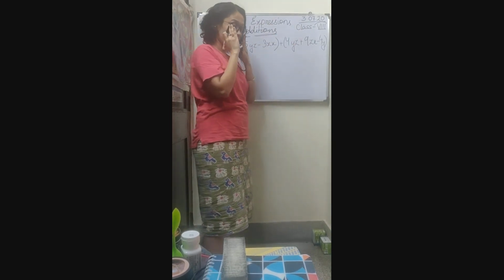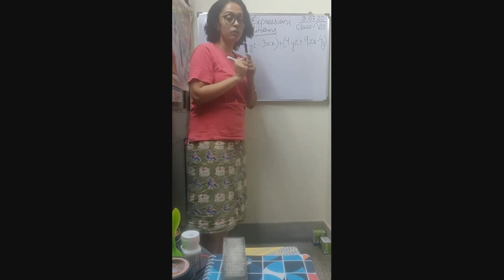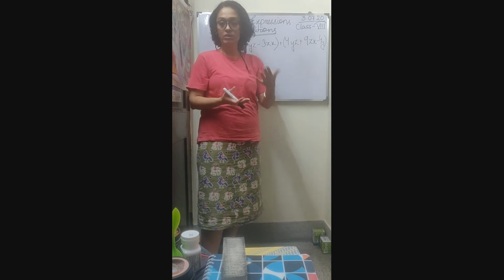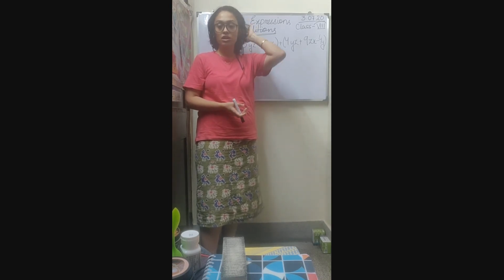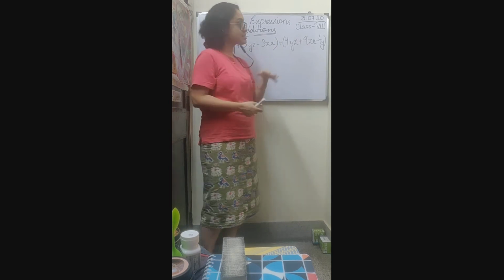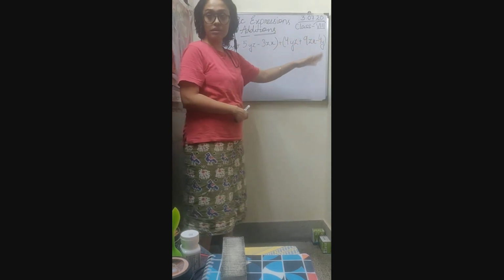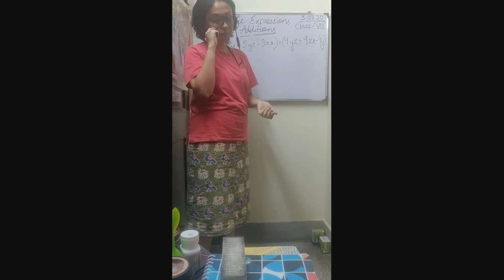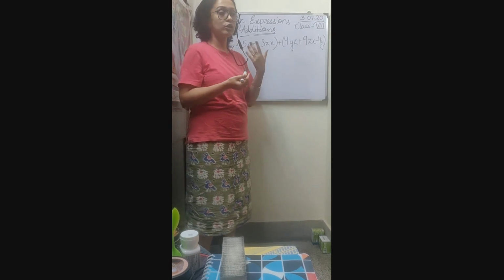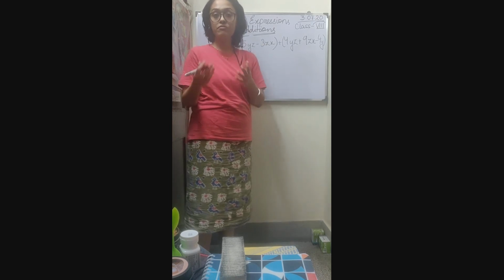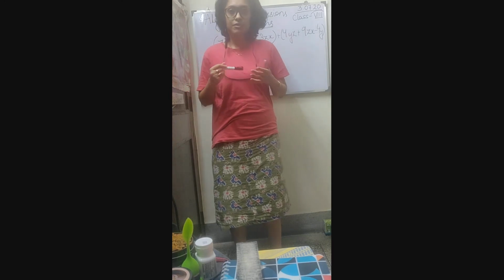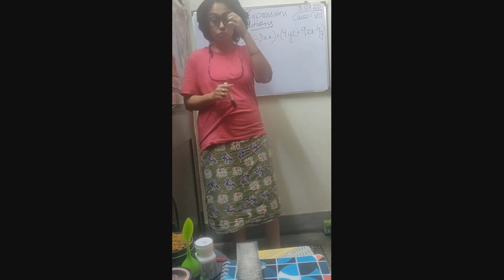Before we start, as you are just being introduced to addition, there are two methods to be followed. One is this horizontal method that I'm telling you now, and next I'll be telling you about the column method. You are free to adopt any method that you feel comfortable with. So let us begin.